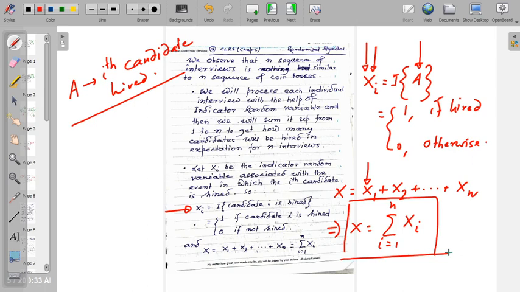Up till this point, everything is the same. Only this event A is changing. In the coin flip experiment, event A was whether that particular coin flip becomes head. For this hiring assistant problem, it is whether the ith candidate is hired.